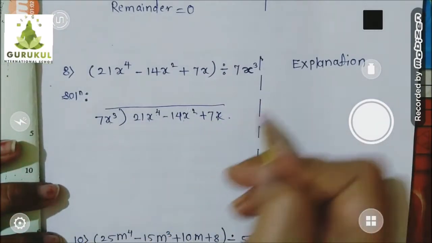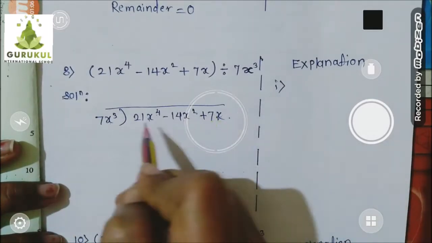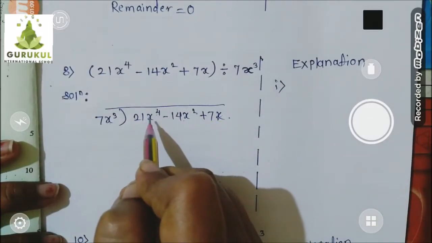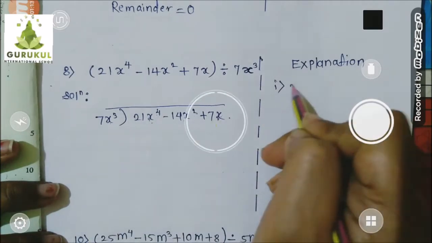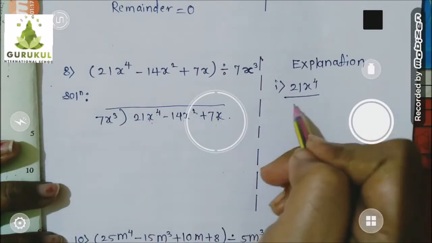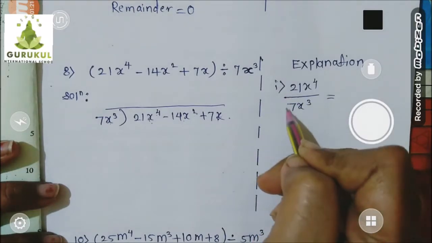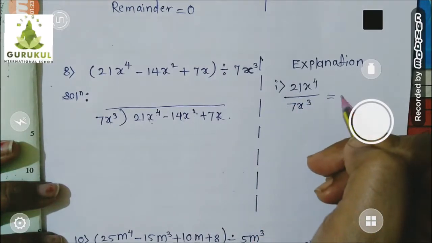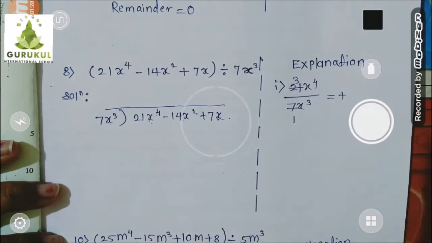So what you have to do, children? Here a trinomial is there. So for division, you take the highest degree term. The highest degree term is this 21x raised to 4. So you take this for division, divided by this divisor 7x cube. Now divide it first: sign upon sign, plus upon plus, plus. Number upon number, 7 ones are 7, 7 threes are 21.